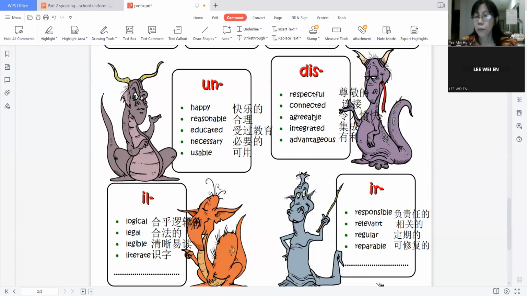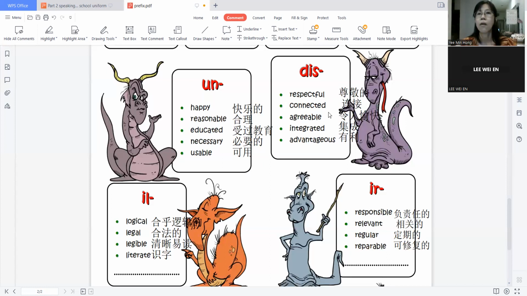If you add "dis", the ideas are completely different. Can you use this? Disrespectful, disconnected, disagreeable, disintegrated, disadvantageous. Disrespectful means not respectful. The way the student relates to the teacher is really disrespectful. Disconnected: my computer is disconnected from the phone.